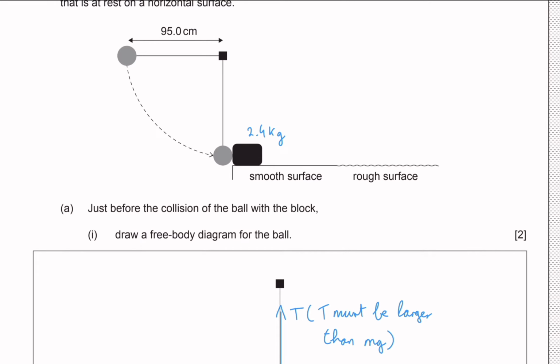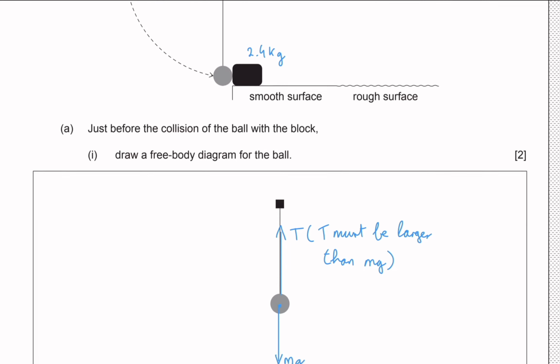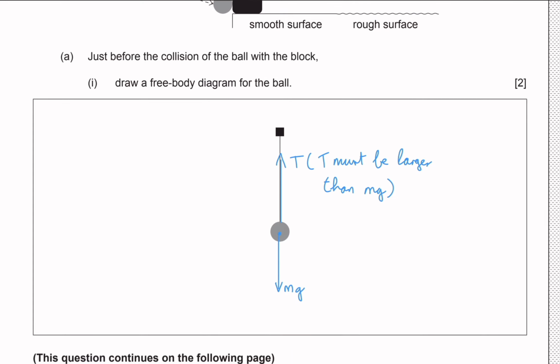Don't fall into the trap of also drawing a force to the right or something, as just because the ball is moving to the right, it doesn't mean that it has a force acting to the right as well. It just means that at this moment it is not accelerating in the horizontal direction.